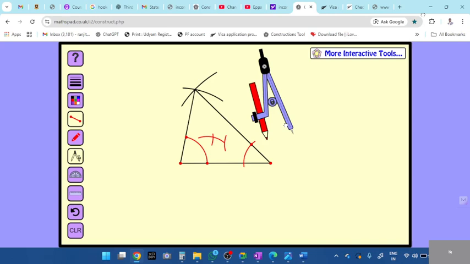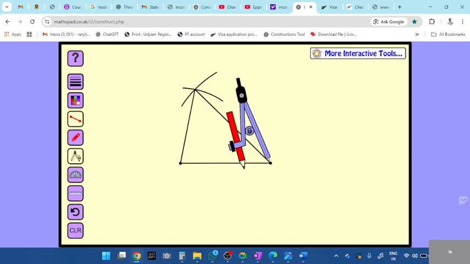Now, because of these arrows, I'll take it small. Take it too small.